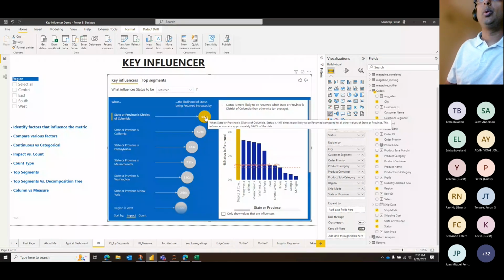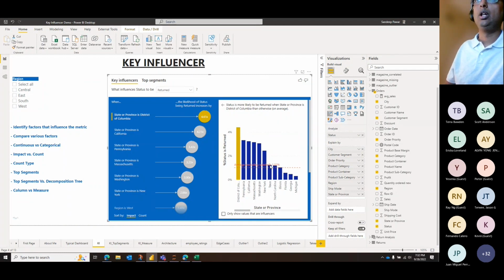Now let's try to understand what exactly that means. When you hover over it, it also gives you a nice tooltip: when the state or province is DC, the status is 4.61 times likely to be returned, and so on and so forth. On the right-hand side, you see a bar chart, and these two are completely different things. This is often confused because the numbers don't match.